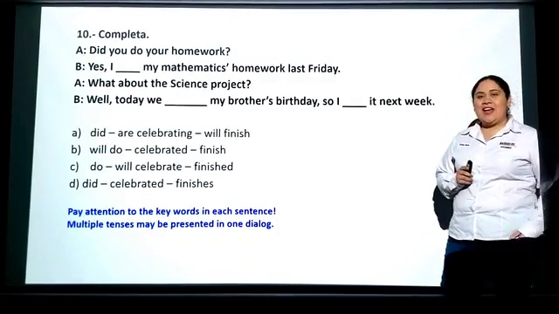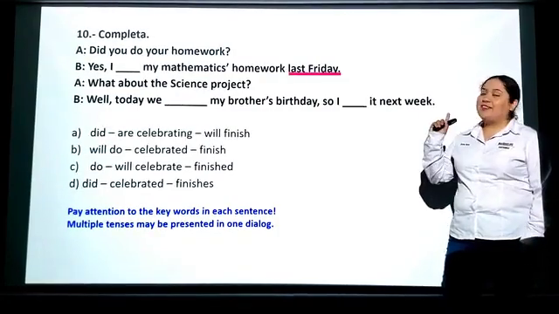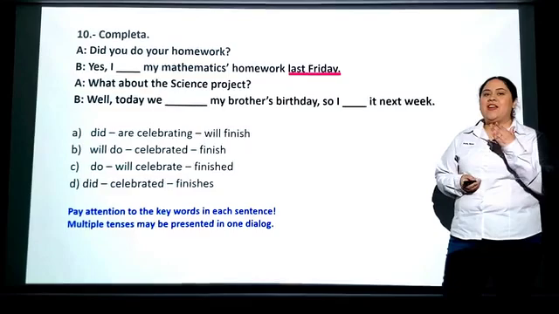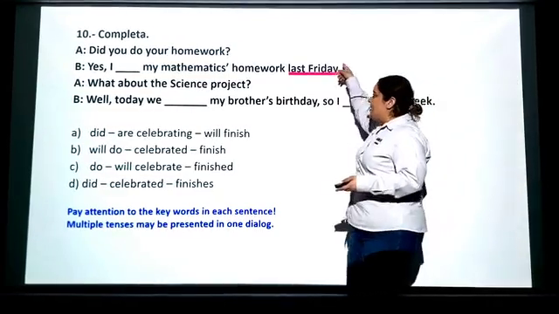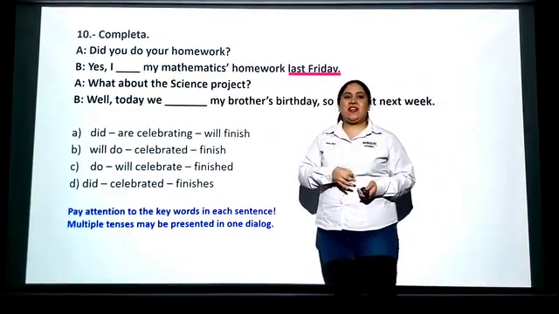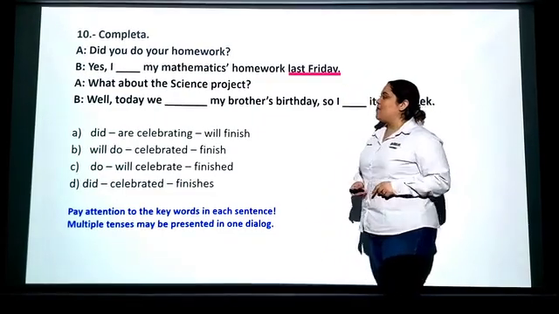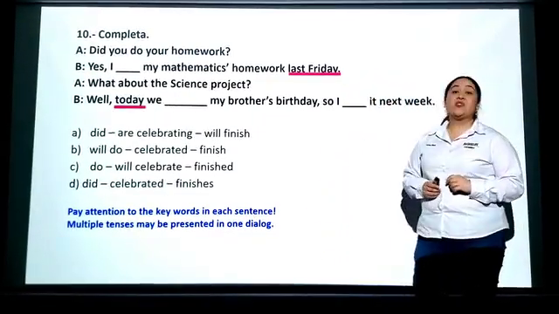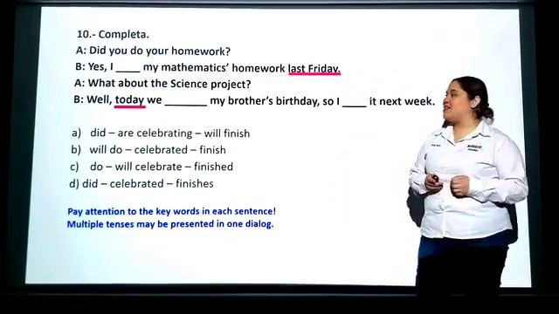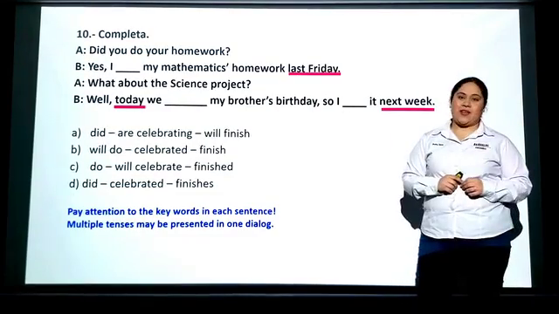In this case, I can spot the first one, last Friday. It is indicating us that this sentence must be written in past tense. Now, what about the second one, today, present tense, and the last one, next week?